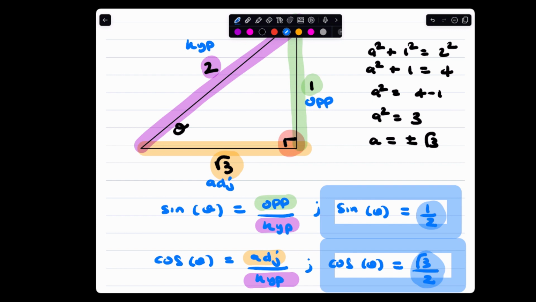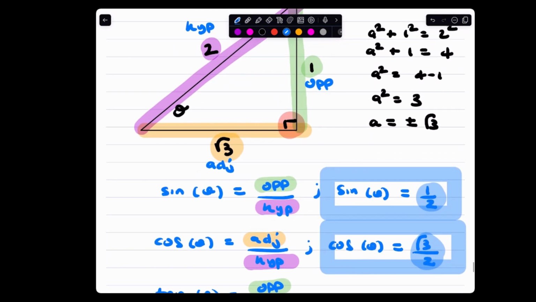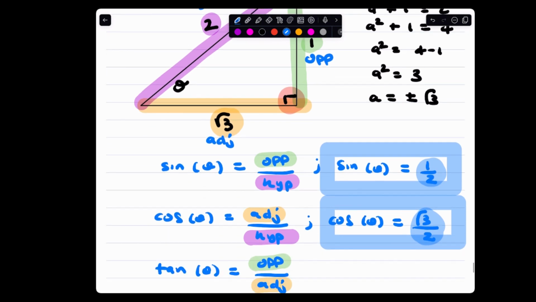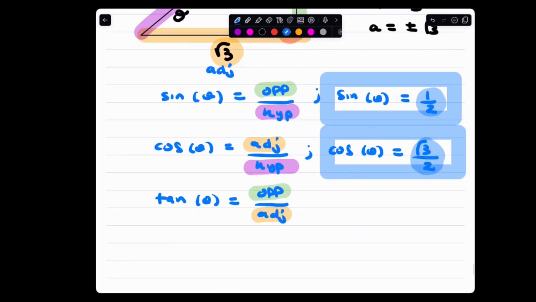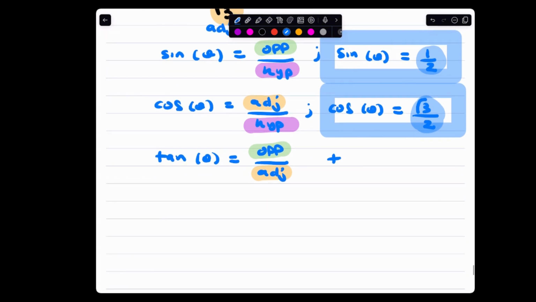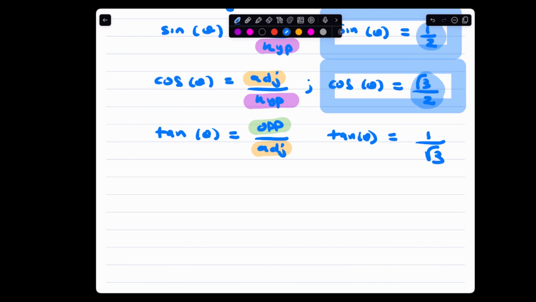So if you know these sides, you should be just fine, right? Okay, so, all right, opposite is what? 1. Adjacent is what? Square root of 3. So tangent theta is 1 over the square root of 3. All right.